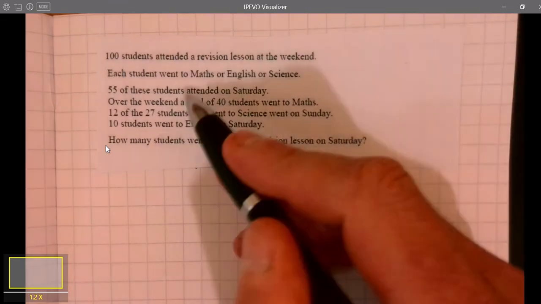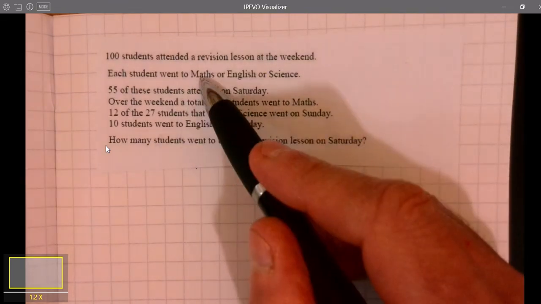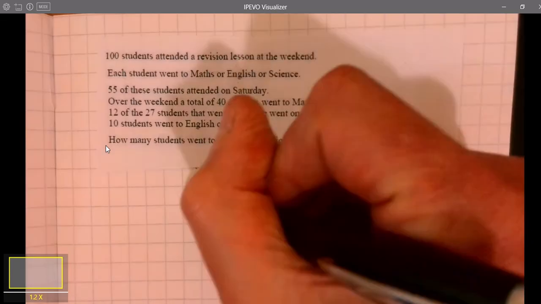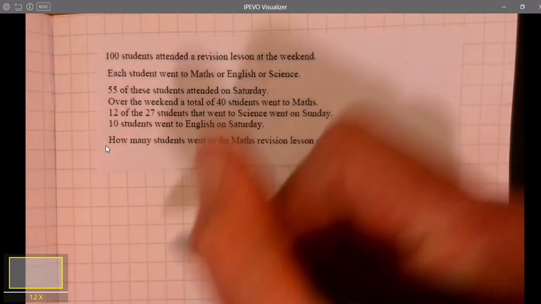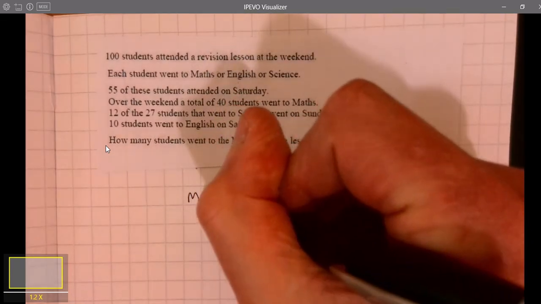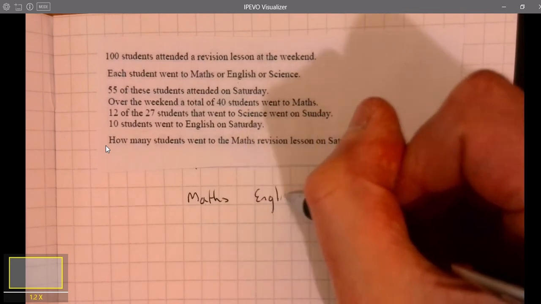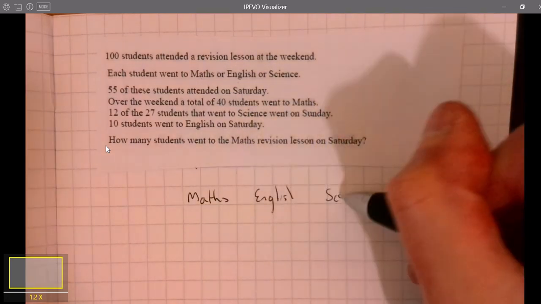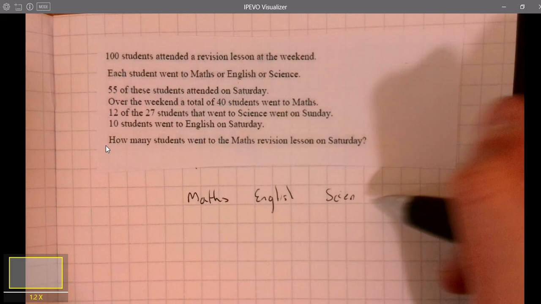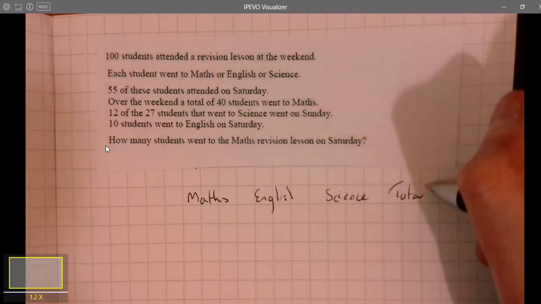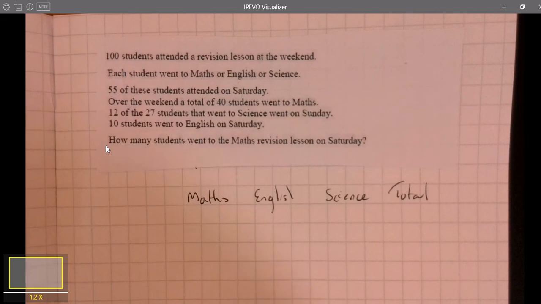So we've got maths. Each student went to maths, English and science. It doesn't matter, I could do maths, English, science down the side, but I'm going to do it going across. So maths, English, and science, and then we can have a total. What else have we got?